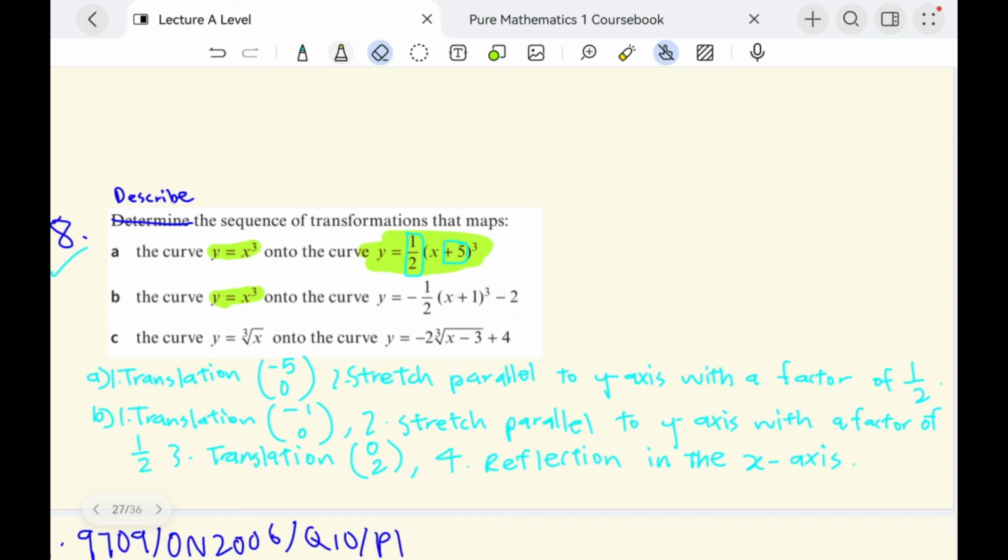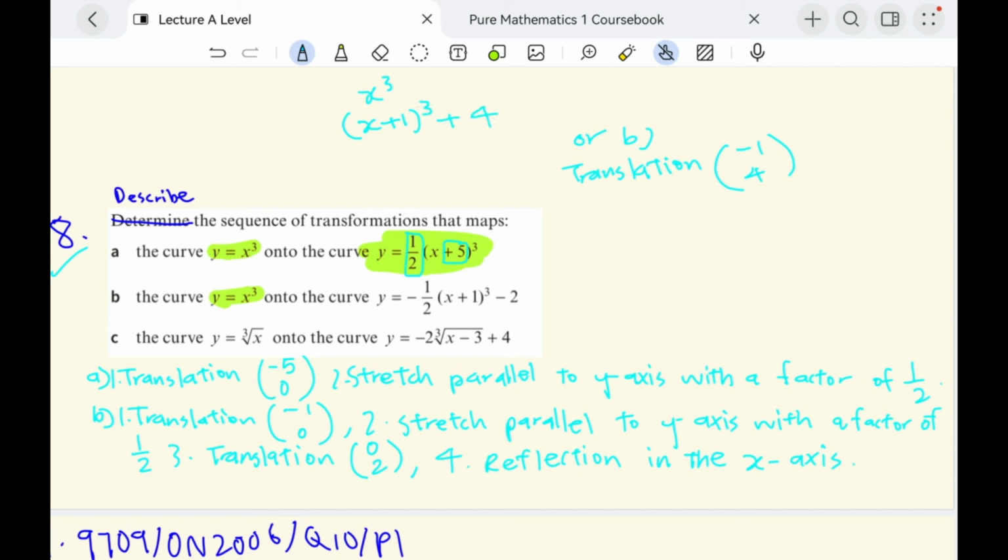For the other students, they think, okay, first you can have a translation of negative 1, 4. Okay, because initially you have x cubed. If you have negative 1, you get (x + 1) cubed and then plus 4.